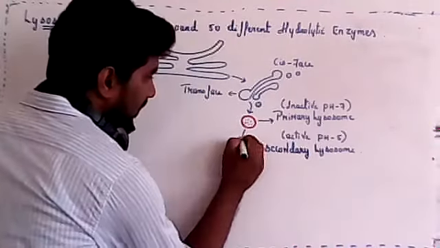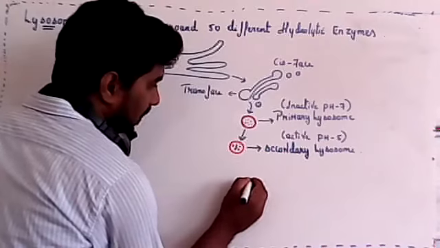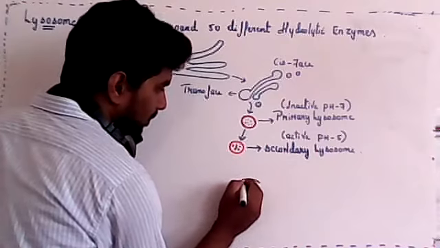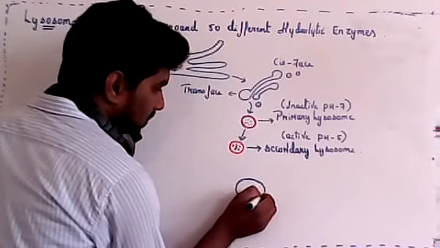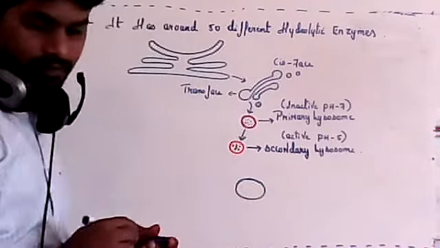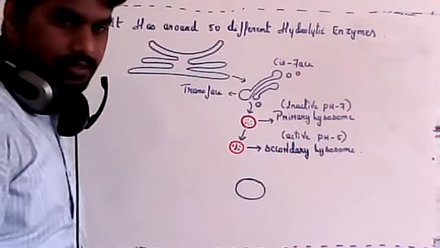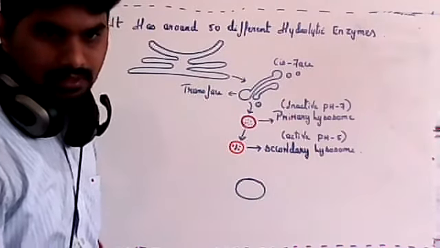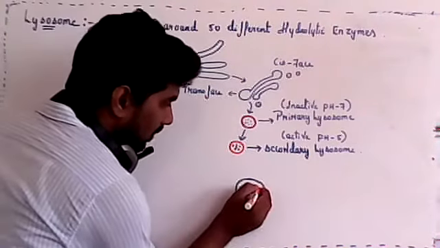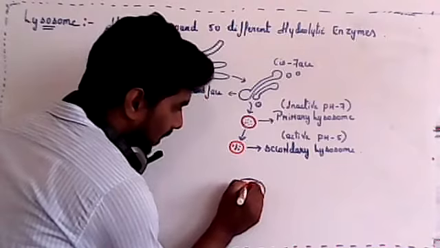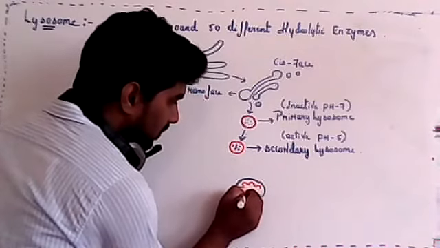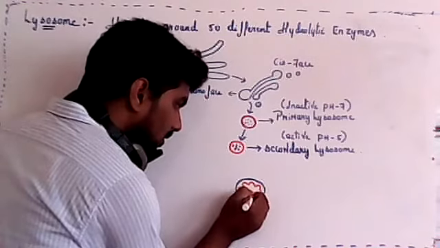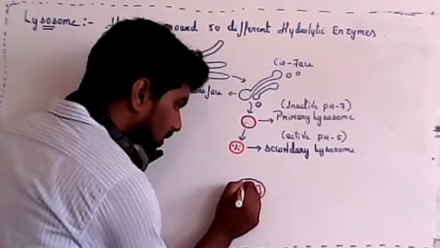Next, there is something called the autophagic lysosome. One more structure will be formed, which is called autophagic. In case any organelles are taken inside by the lysosome. Sometimes organelles are old, so they undergo degradation.